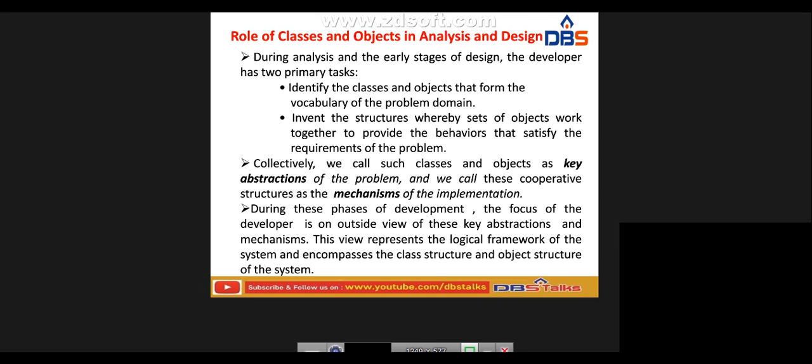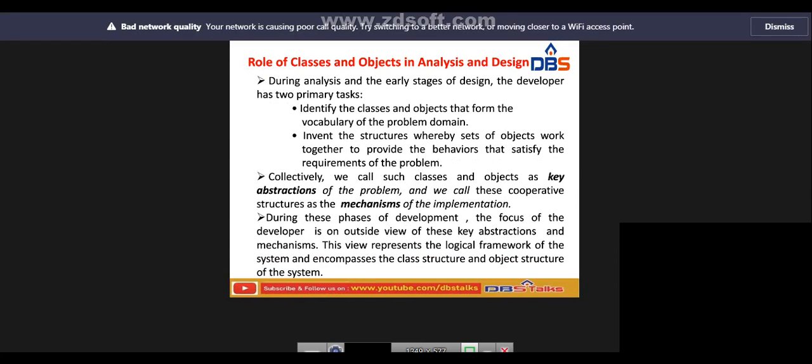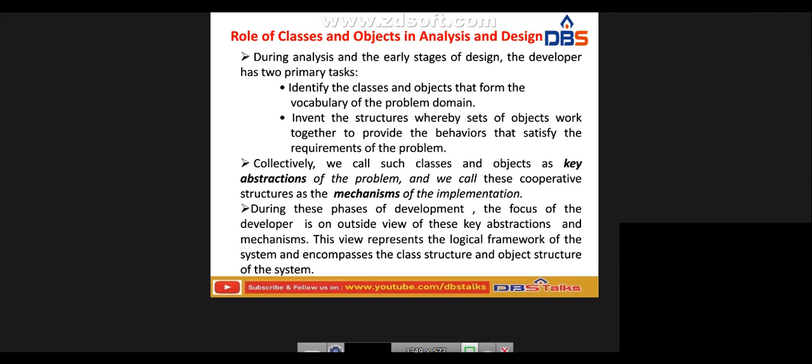So what processes are going on outside, what are the problems outside the particular application. This view represents the logical framework of the system and encompasses the class structure and object structure of the particular system. Okay.